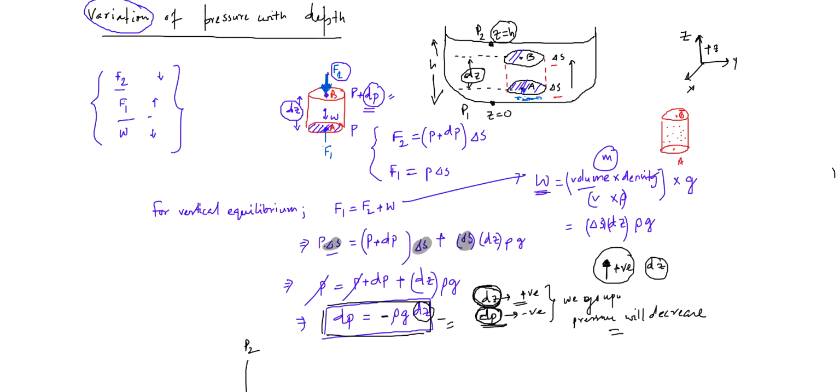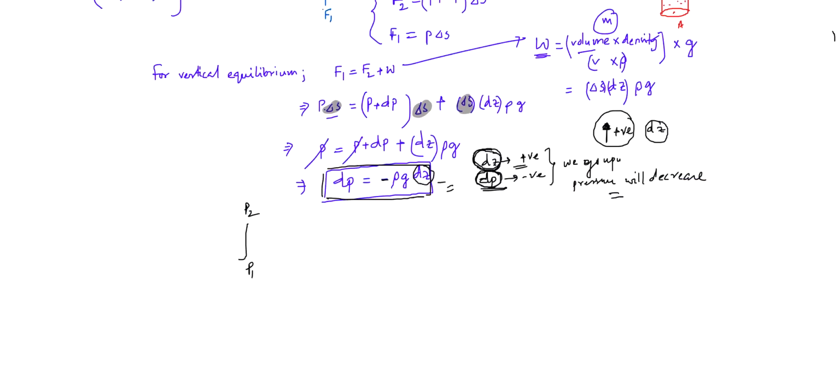So dP is equal to minus rho g dz, and z is varied from 0 to h. Very easy: the integral of dP will be P2 minus P1.